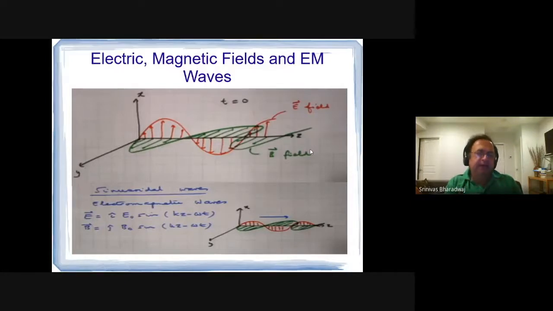So here, if E is i E sine (kz minus omega t), and B is j B naught sine (kz minus omega t), notice that they both have the same wavelength and frequency.